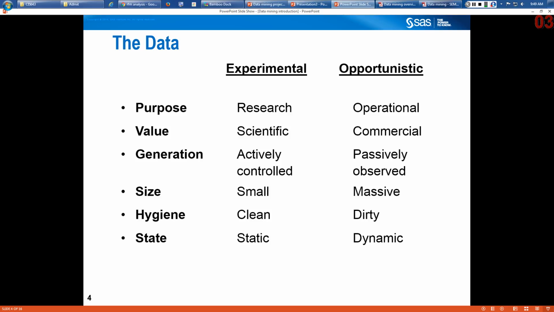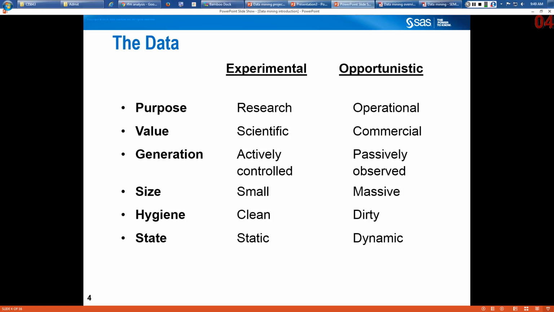The data that the researcher would use has to be clean, and has to be validated, and has to have proper validated instruments for collecting data, whereas the data that comes to a data miner in a commercial organization may not be clean, may have a lot of missing data, may have inaccurate data, and so on.